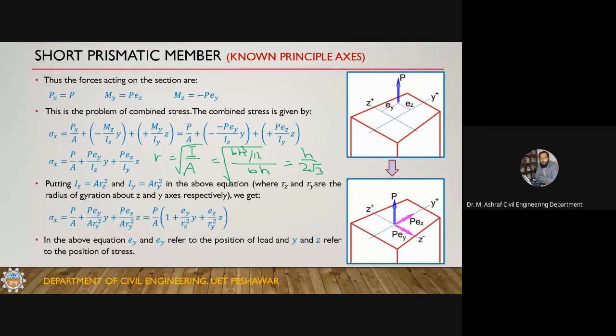Now, what is the physical interpretation of this radius of gyration? So we have a rectangular section in one case.